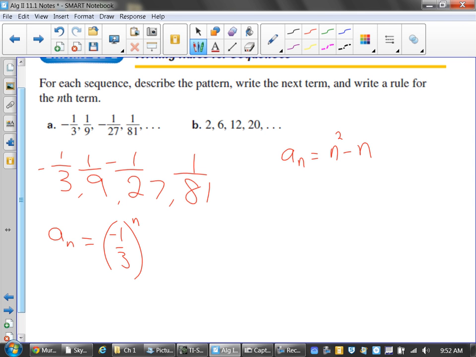Okay. So 1 squared minus 1 gives me 0. That's not my first term though, is it? n plus 1. Okay. But I see where you're going with that though. It works when n starts at 2.